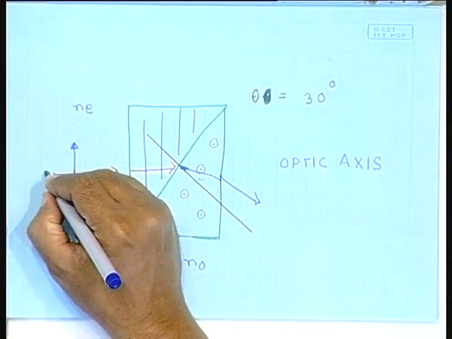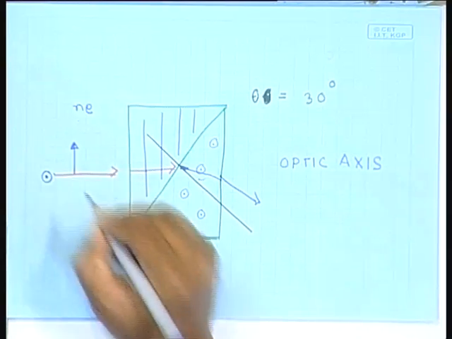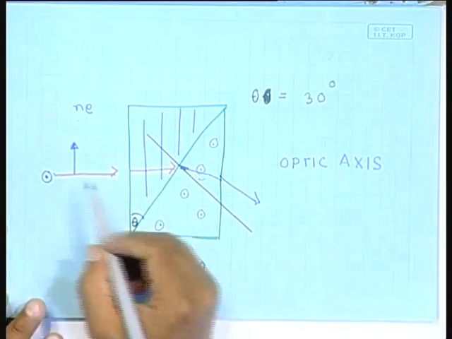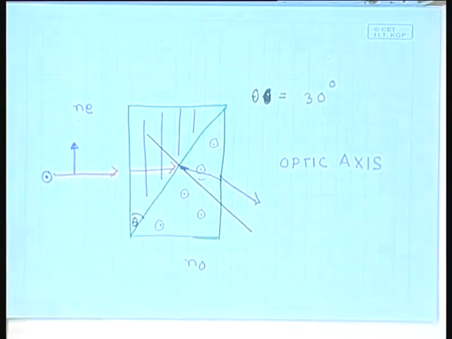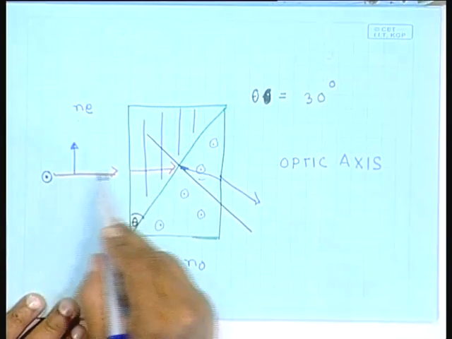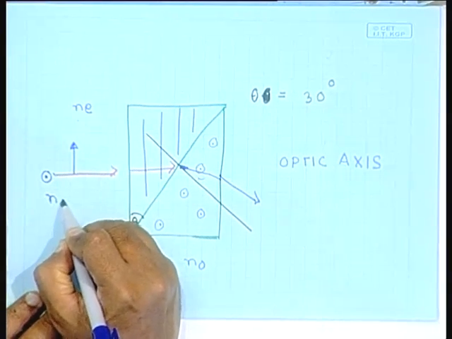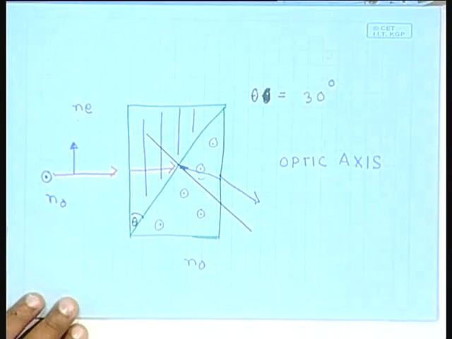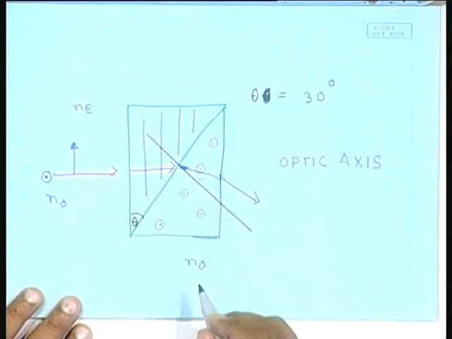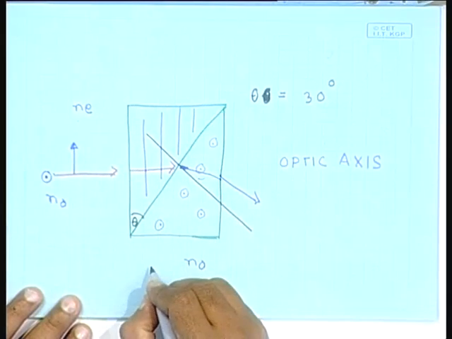The other wave is polarized like this. The incident light can be decomposed into two polarizations, and when this wave encounters this prism, it is going to experience a refractive index, the ordinary refractive index No, and when it enters this prism, it is going to experience Ne.